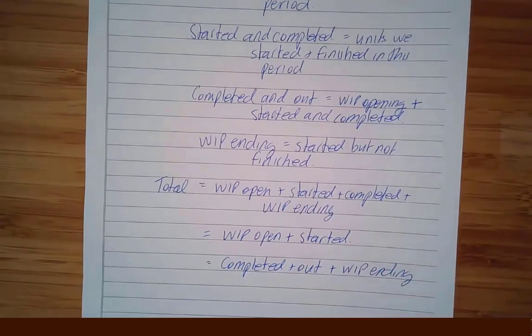So there's a number of ways we can mix this up in order to solve for unknown numbers. We don't have any unknown numbers in this question, but I just wanted to cover the terminology and the concepts, so that you can see how we can play with these numbers.